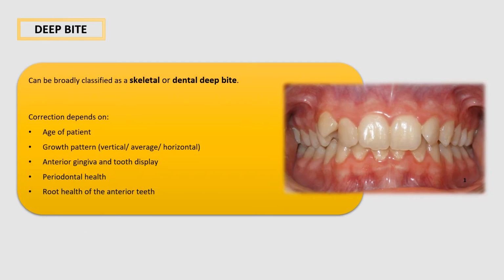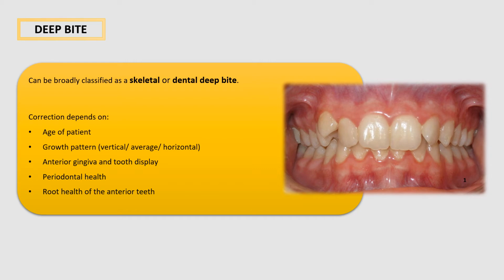So now coming to deep bite. So how do you go about treating this? So basically deep bite can be classified into a skeletal or a dental deep bite. And there are certain factors you have to consider before correcting these cases or these patients with deep bite. So you have to consider the age of the patient.